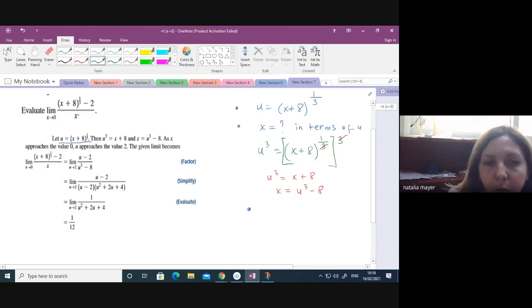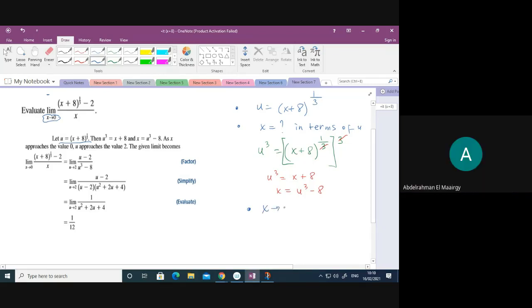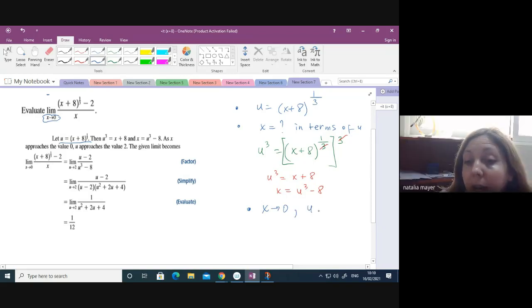But there is something else left. Here, under the limit, there is also x. So it cannot be x approaches 0 while I have u in the function. This is the next thing to think about. So if x, in this case, approaches 0, remember it can approach anything, then what does u approach?